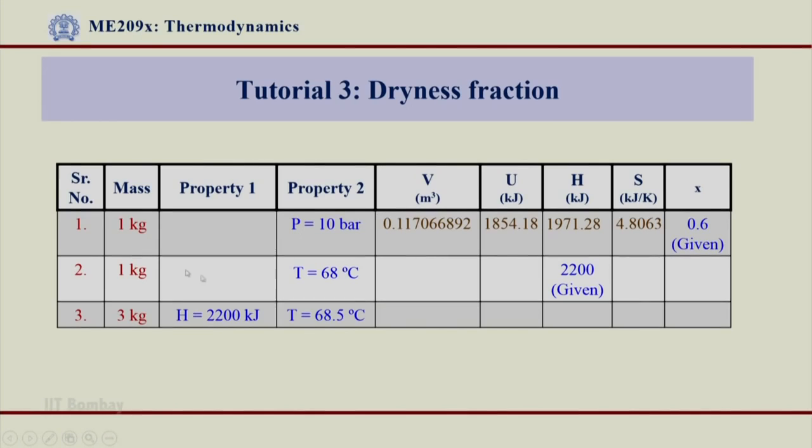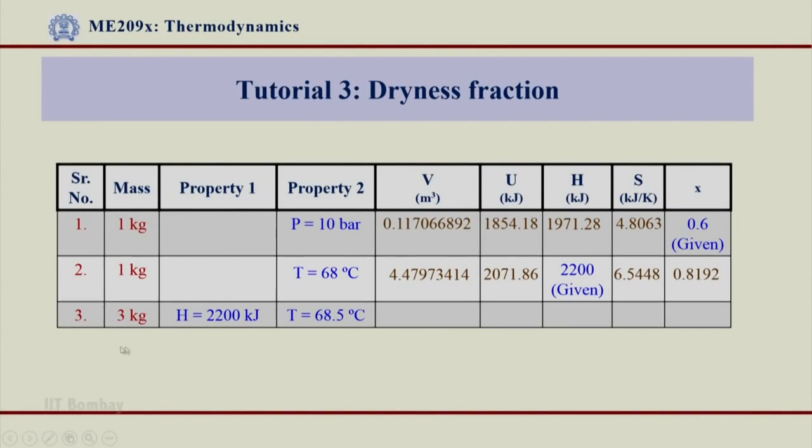So in this table, just by knowing the two values, T equal to 68 degrees centigrade and H equal to 2200, we can get all other values: V is equal to 4.47 meter cube, U is equal to 2071, S is equal to 6.54, and X is equal to 0.8192, as we found first. Although these values have been given with larger decimal points, you can just have the first two digits after the decimal, and that is good enough.